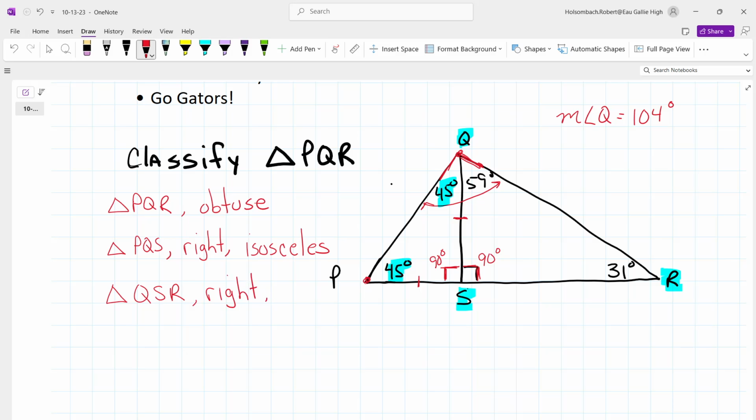Now, by its side lengths, if none of the angles in the triangle are congruent to each other, then none of the side lengths are congruent to each other. So a triangle with no congruent sides is called scalene. That was part of your definitions from the other day. So we classified the three triangles in that diagram. Any questions on any of that?